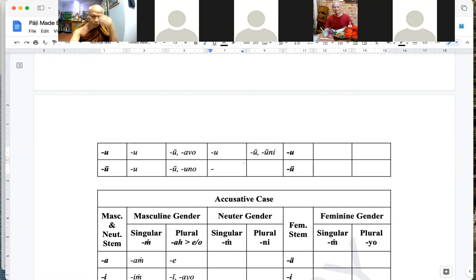And then for ū, also gotrabhu in masculine. This is the vocative case, so the long one becomes short. And in plural, the long one stays long, but another form has ni added to the long vowel. So gotrabhu, gotrabhu, gotrabhu-ni.